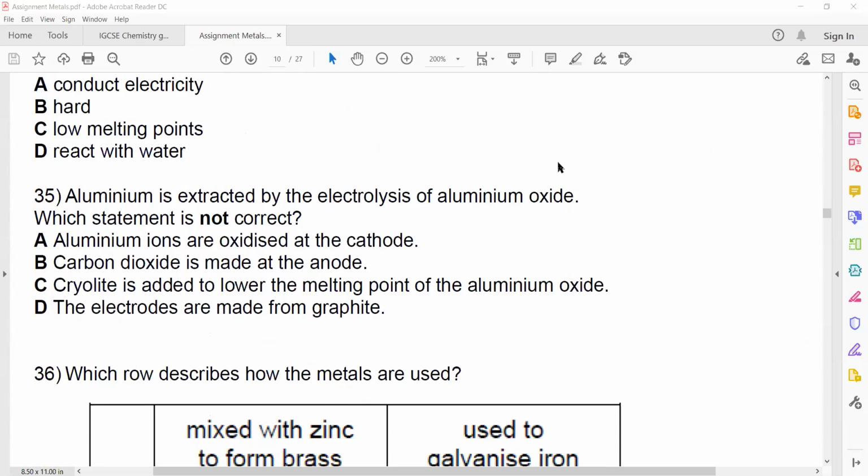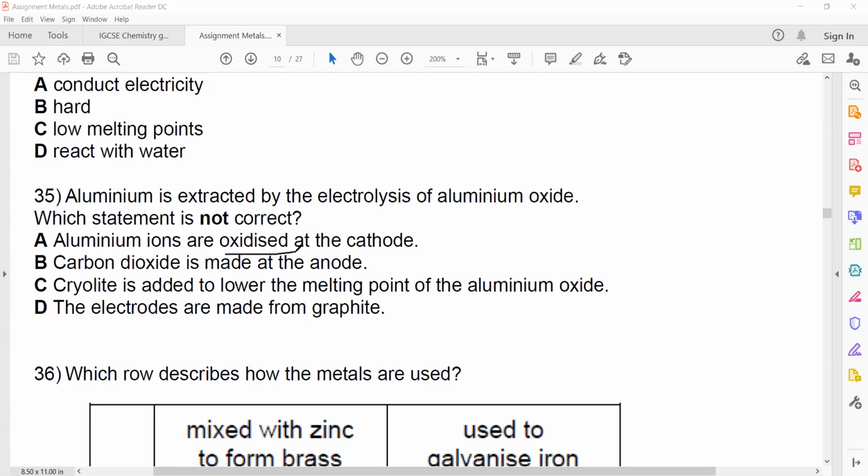Question 35. Which statement is not correct?